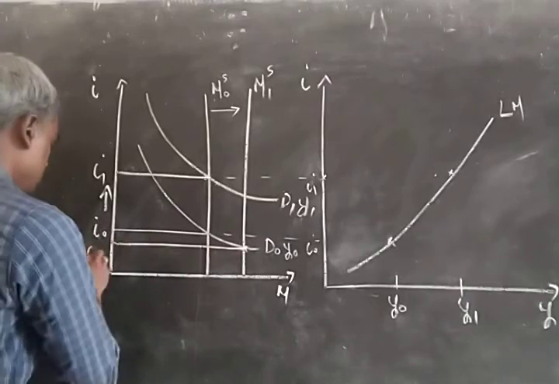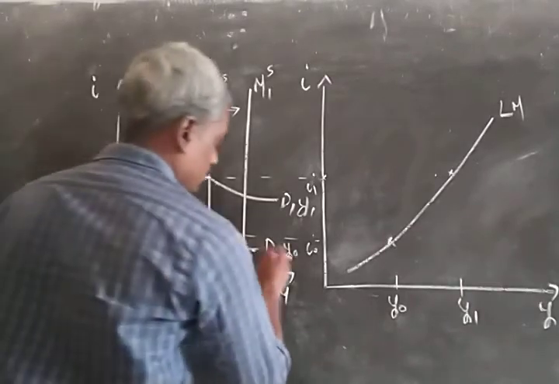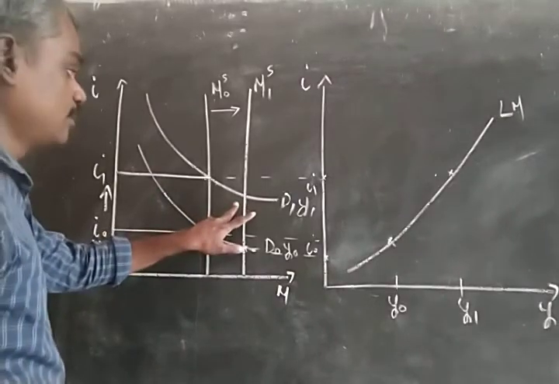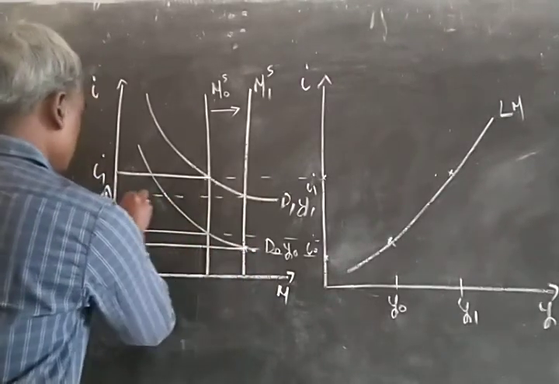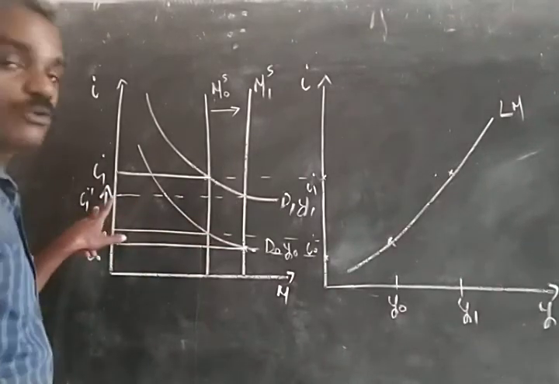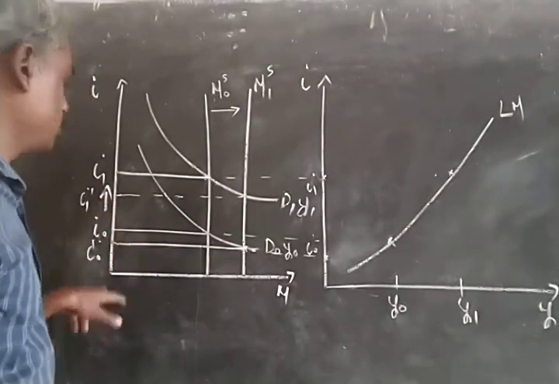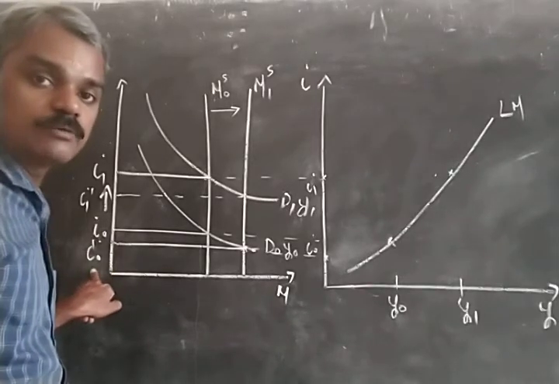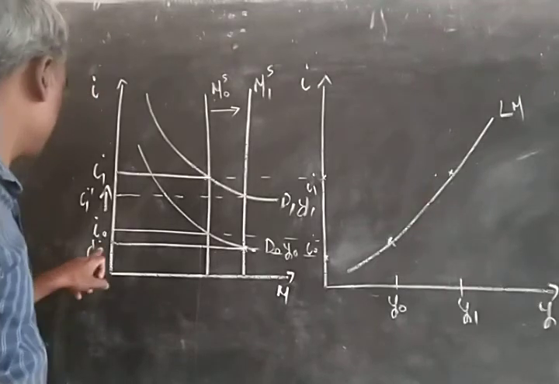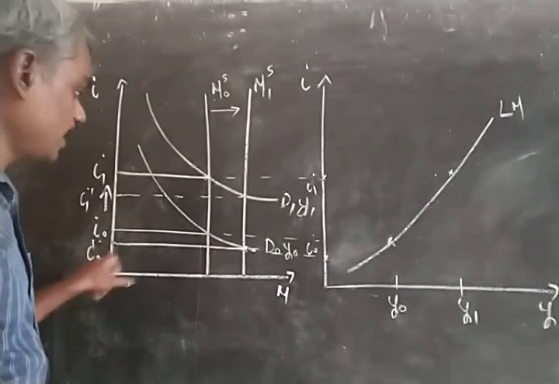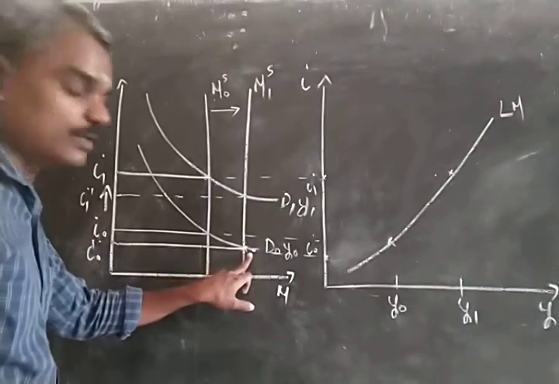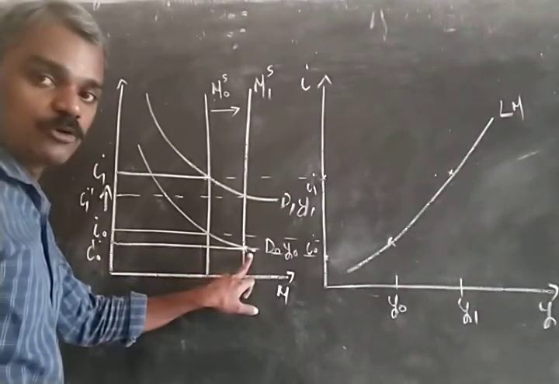And here the interest rate is I0 dash, and the second demand for money will be equal to the new shifted supply of money at interest rate I1 dash. So we get a new combination of interest rate and income at which a higher money stock is equal to demand for money. Here it is I0 dash, Y0. This is the point of equilibrium between demand for money and supply of money.